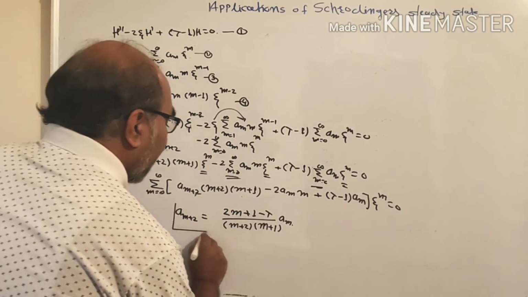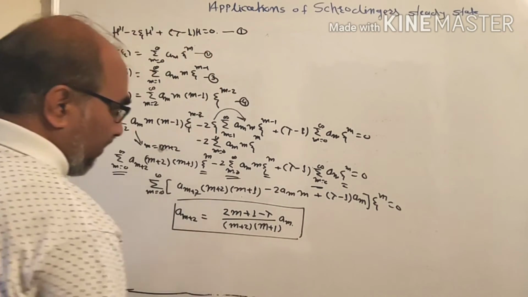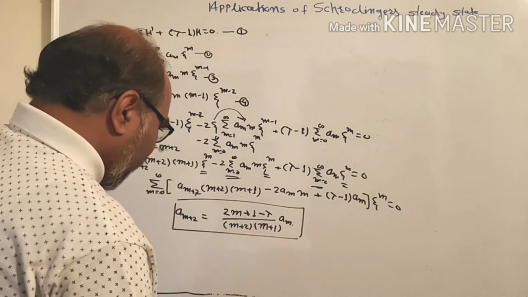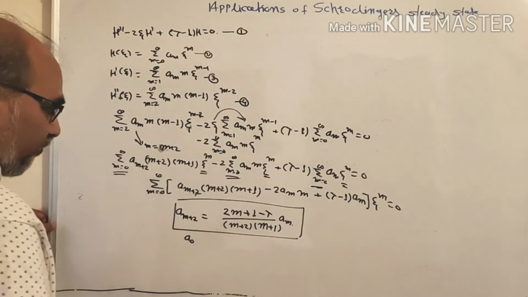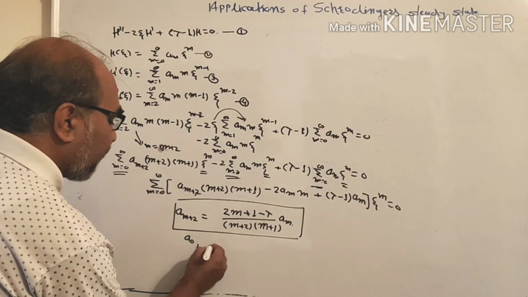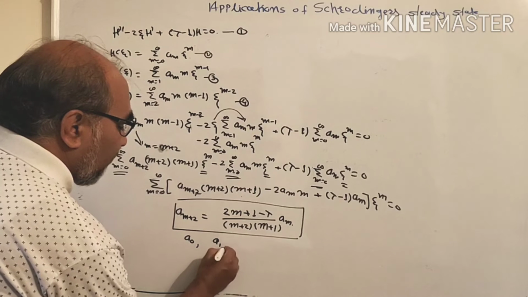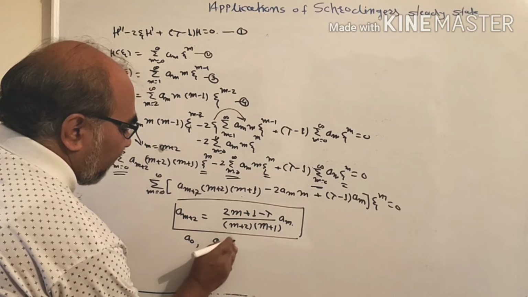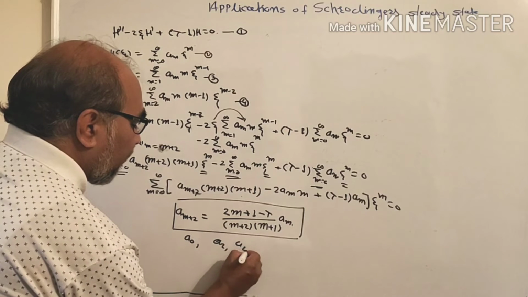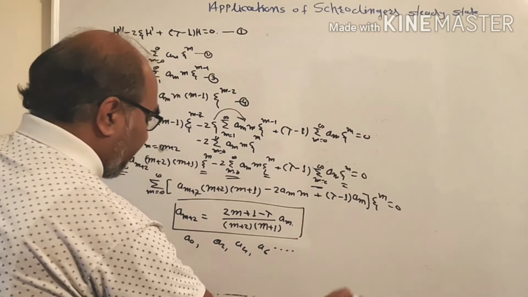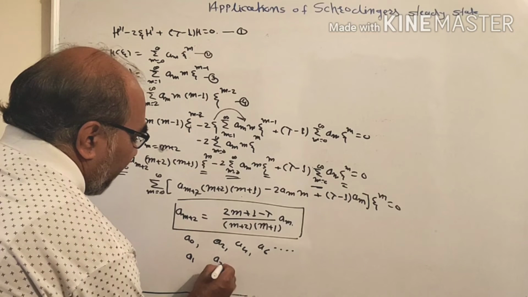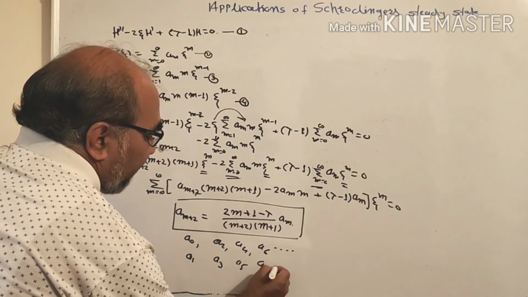So this is called the recurrence relation. Using this recurrence relation, if we know a0, then we can find out a2, a4, a6, and if a1 is known, then we can find out a3, a5, a7 and so on.